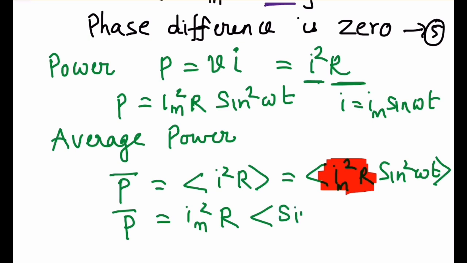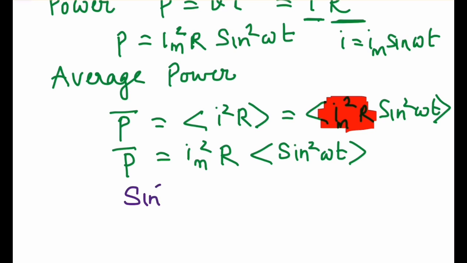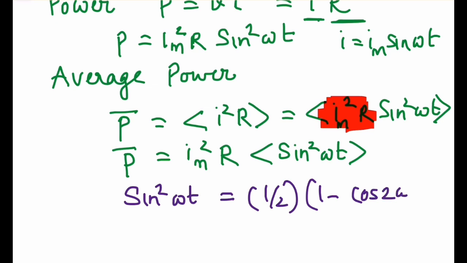Sine square omega t. Now if you see in trigonometry, sine square omega t you can write as 1 by 2 into (1 minus cos 2 omega t). Like this you can write. Now you have to take the average value for this, taking the triangular brackets here.